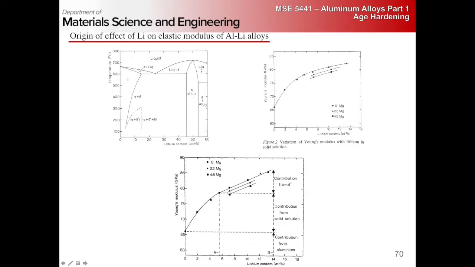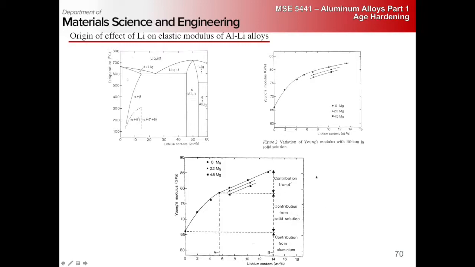But then if we add the effect from the volume fraction of delta prime, we get an additional boost, right? So we can end up with roughly a 50% increase in modulus with the addition of lithium to aluminum, which is huge.